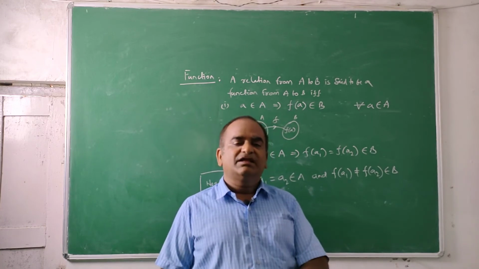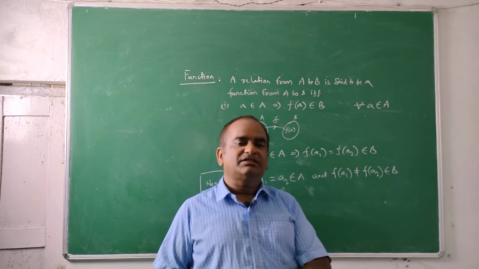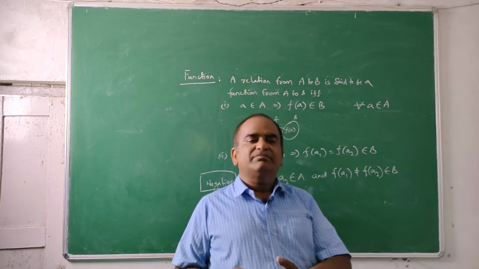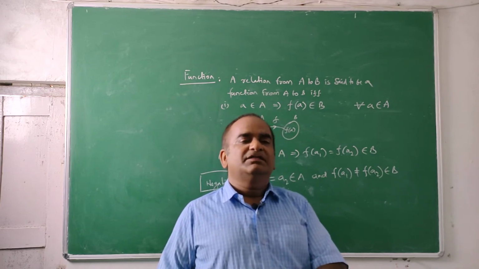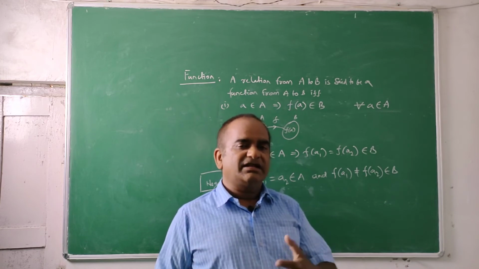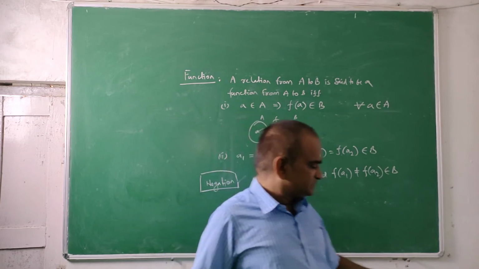Now here I will give some examples. Let us take various examples for various relations, and from them let us pick up the relations which are functions, so that you can understand more clearly whatever we have discussed here.